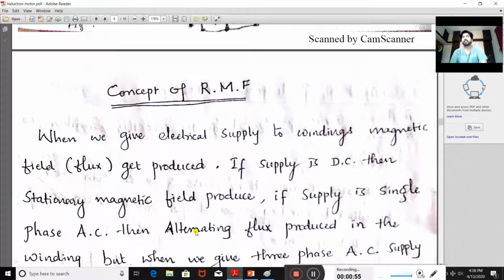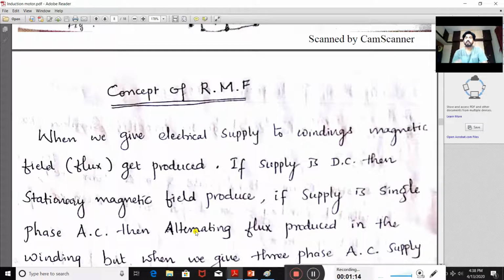As we all know, when we give electrical supply to any winding, a magnetic field gets induced. For example, if DC supply is given to the winding, a magnetic flux phi, or magnetic field, gets induced.